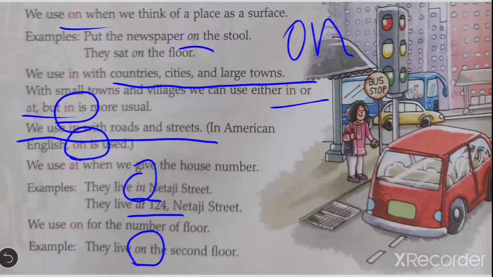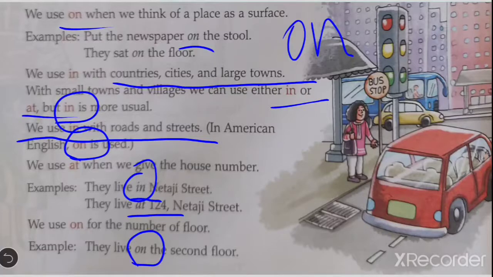At we can use when we are talking about the numbers of a house. You know, I said turn the page at 74. It's a number. And I say at 74. Open the page on, I didn't say this.